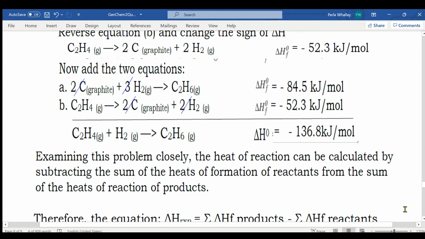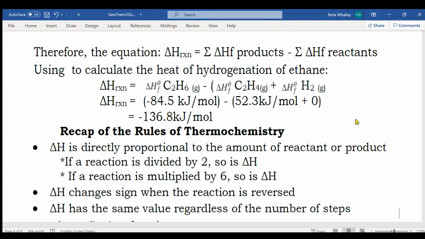Examining this problem closely, the heat of reaction can be calculated by subtracting the sum of the heats of formation of the reactants from the sum of the heats of formation of the products. Therefore, the standard enthalpy of reaction is equal to the summation of the standard heat of formation of the products minus the summation of the standard heat of formation of the reactants.